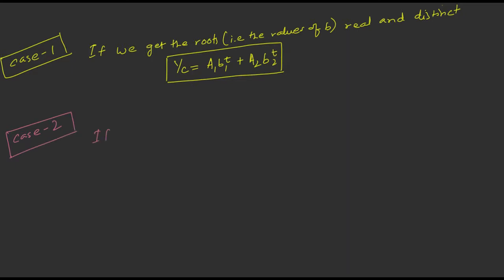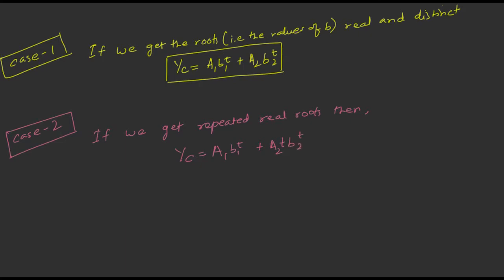If we get repeated real roots, then yc equals a1 b1 to the power t, sorry, let me write it properly, a1 b1 to the power t plus a2 t b2 to the power t.